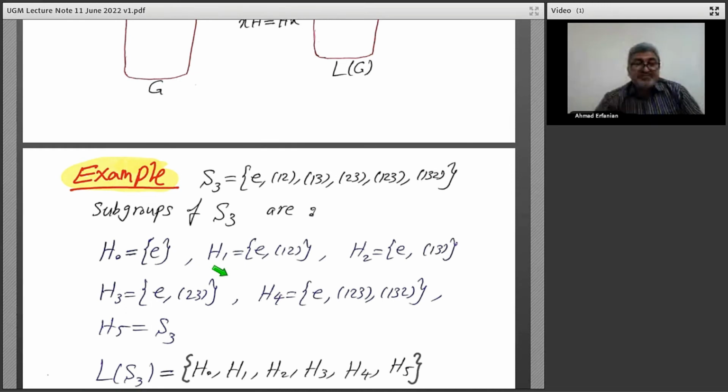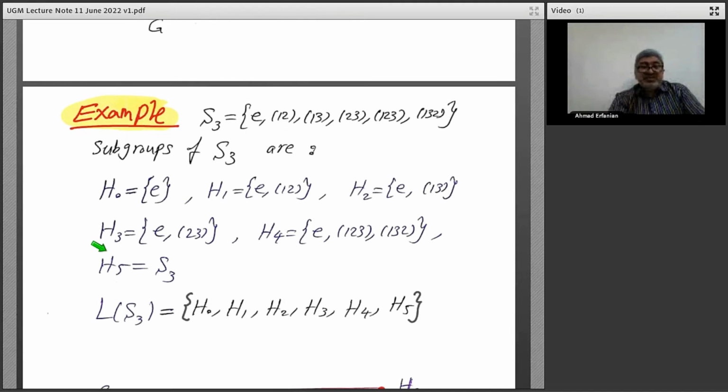For example, suppose that in S3 we have 6 elements. Now subgroups of S3, we have 6 subgroups. We have the trivial subgroup, we have 3 subgroups of order 2, and 1 subgroup of order 3, and the last one is the whole group, the subgroup consisting of all elements of S3.